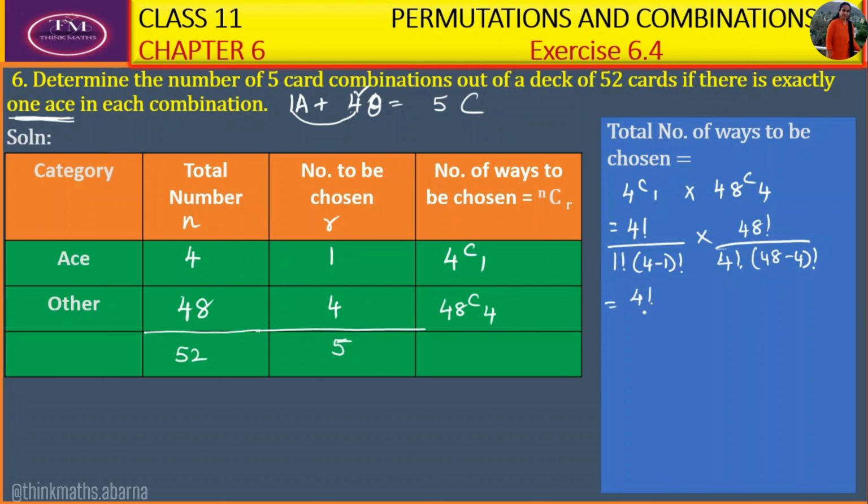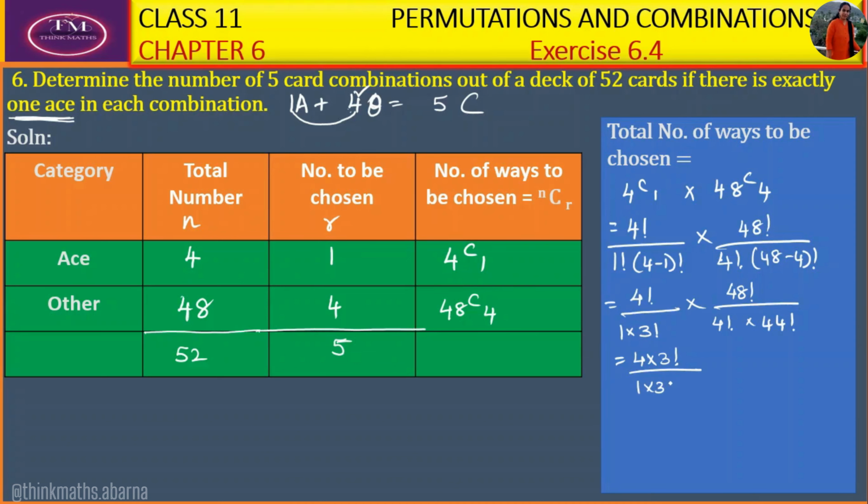So 4 factorial, 1 factorial is 1, 4 minus 1 is 3 factorial, into 48 factorial divided by 4 factorial into 48 minus 4 is 44 factorial. So how to write 4 factorial? It is 4 into 3 factorial, as we have 3 factorial in the denominator.